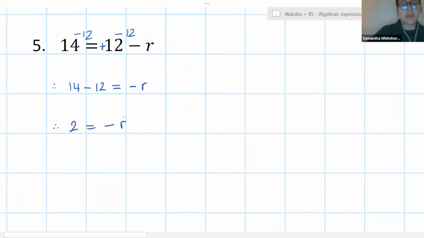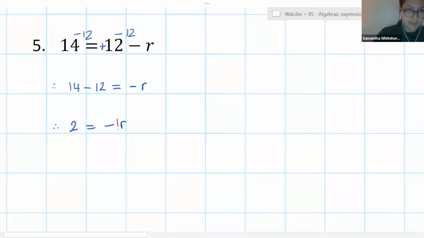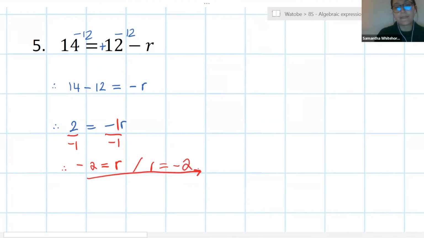And then remember, we have this issue of the negative r. I don't want a negative r. I want a positive r. So that means I have to divide both sides by negative 1. And so r is negative 2. And remember, if you've written it the other way, r equals negative 2, it's the same thing. Okay, so just remember your inverse operations. But Kendra, thank you for sharing with us.